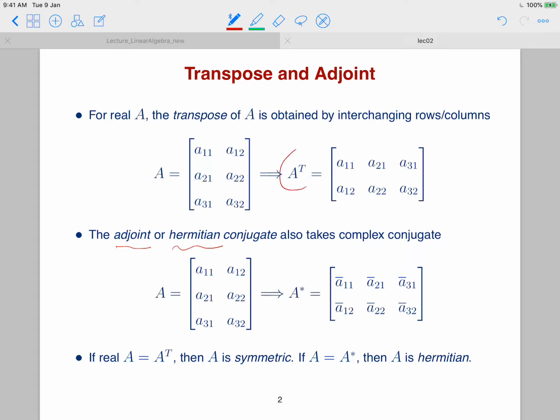But in the case of a matrix having all real values, if we extend it to complex values, then there is something called the Hermitian conjugate, or in short Hermitian, where we denote it as A star, and this not only transposes your matrix, but also takes the conjugates of all the complex values.